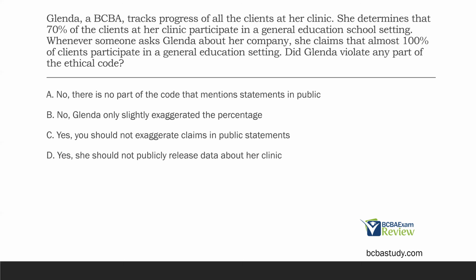Yes, she should not publicly release data about her clinic. It's up to her. If she has releases, if she's not giving away private information, she's free to do that as long as she's gone through all the necessary channels, of course. Did Linda violate any part of the ethical code, though? Yes, you should not exaggerate claims in public statements. Straight from E5 of our ethical code, or I should say our task list.